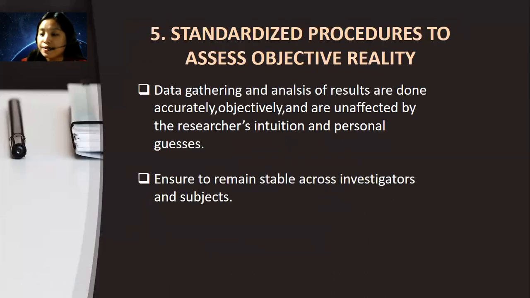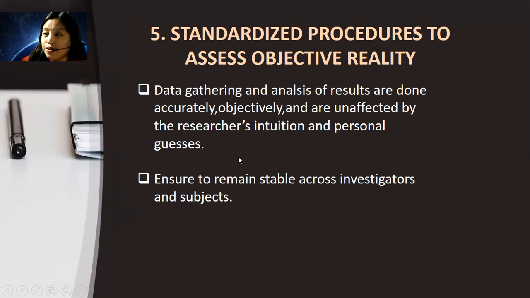And number five, standardized procedure to assess objective reality. So data gathering and analysis of results are then accurate, objective, and unaffected by the researcher's intuition and personal guesses, since what we're looking for is more probably the fact, without what we will think of, just to make it so that this kind of research can work for everybody.